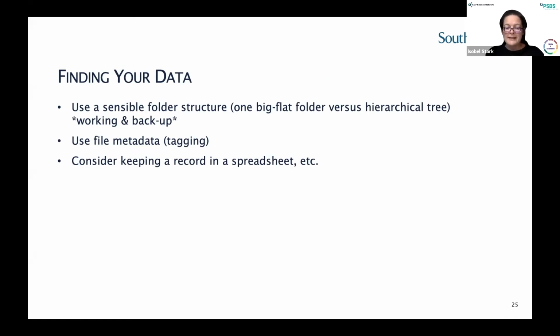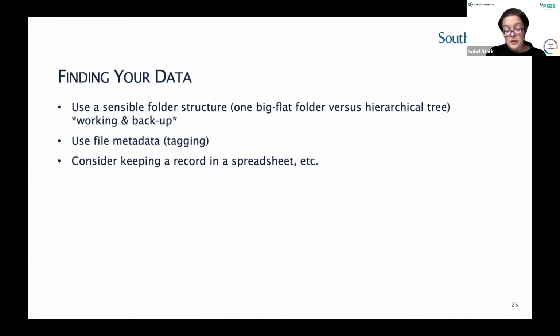On the other hand, having one big fat folder may be okay for certain projects, but in other cases, it might actually just be too confusing and you're going to try and put too much information in file names to be able to distinguish them if you've just got everything in one massive folder.